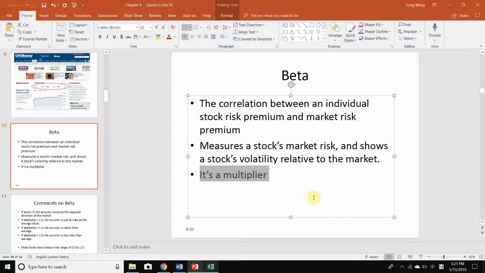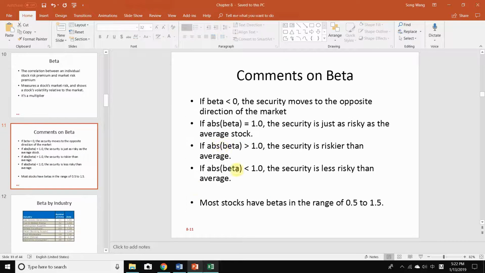If beta equals 2, that basically means if the market risk premium increases by 1%, then the stock risk premium would increase by 2%. If beta is negative, then the security or the stock would move in the opposite direction of the market. So when the market is going up, the stock would go down. If the absolute value of beta equals 1, then the stock is just as risky as the average stock in the market.